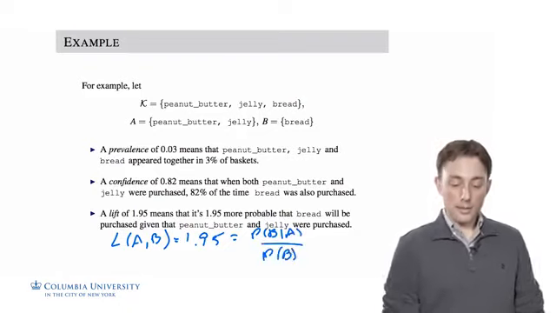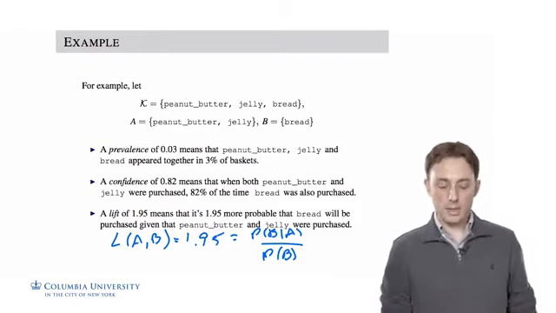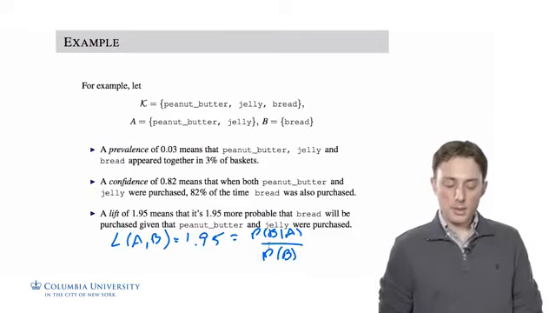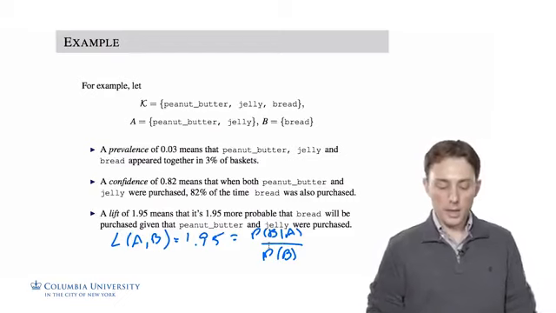And so what I am going to do is look at all n data points that I have. I'm going to count how many times bread was purchased in those n objects.